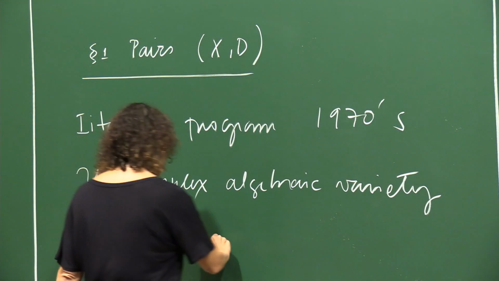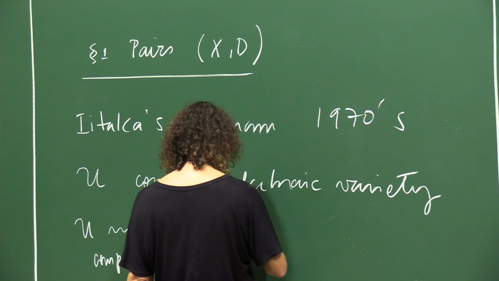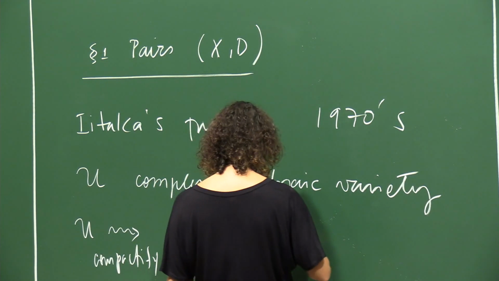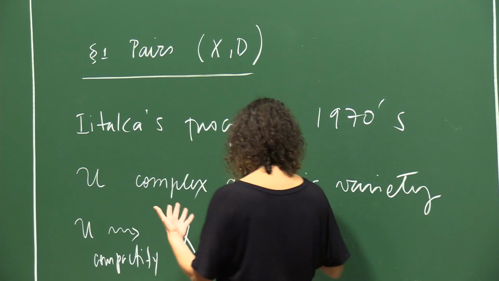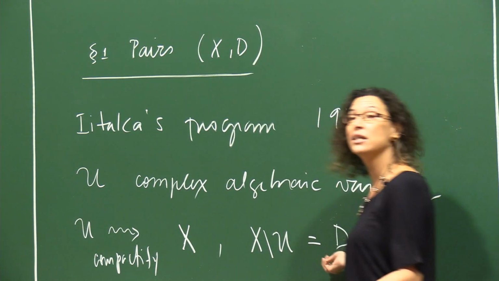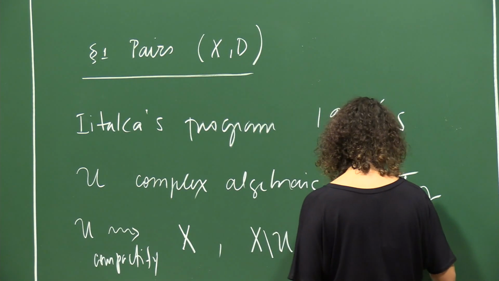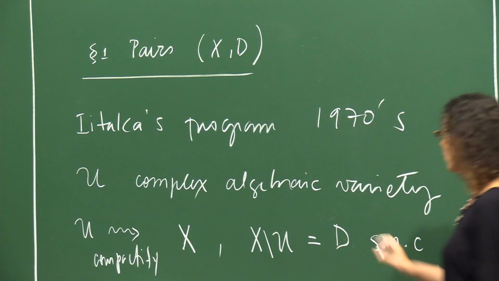And moreover, you can assume that the complement of U in X, so this is what we call the boundary that we add to this compactification, is a simple normal crossing divisor. So I will just denote it like this: simple normal crossing divisor.